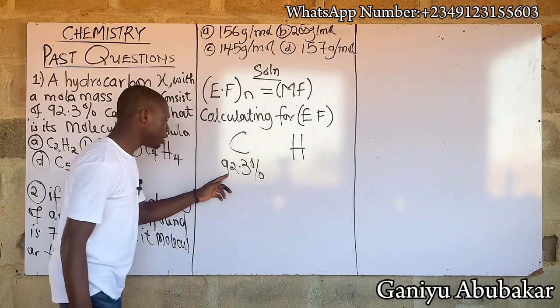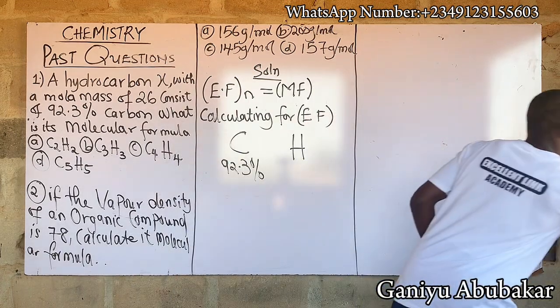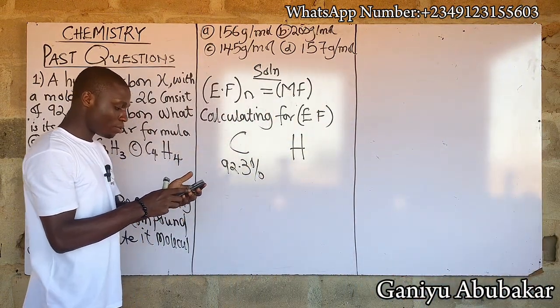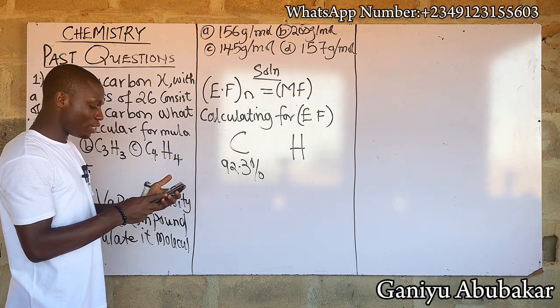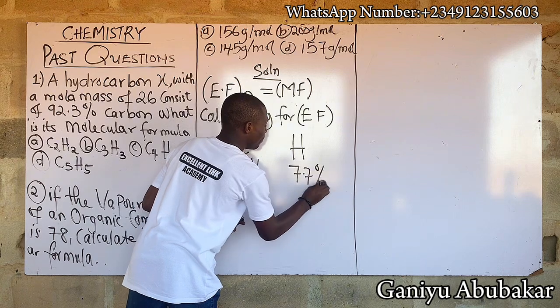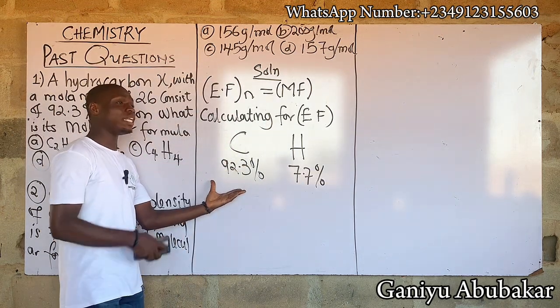So if carbon is 92.3%, what's left? I'll subtract 92.3 from 100. I'll have 7.7. So it becomes 7.7%.